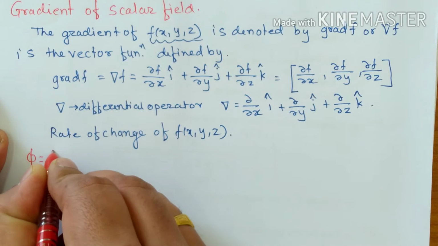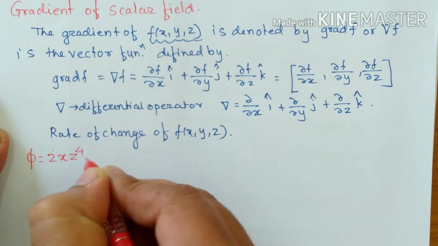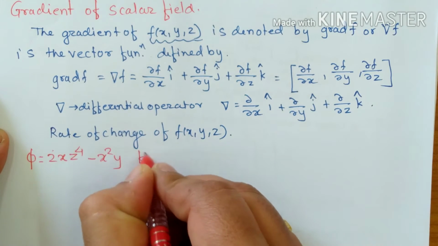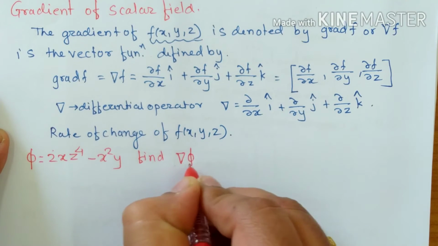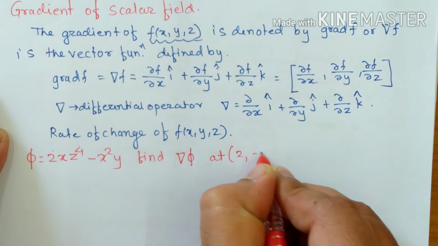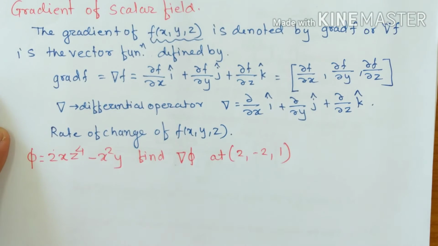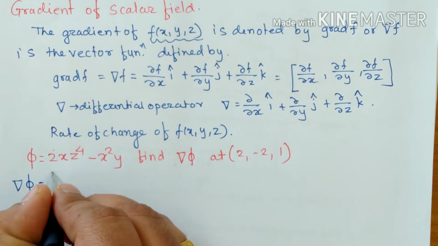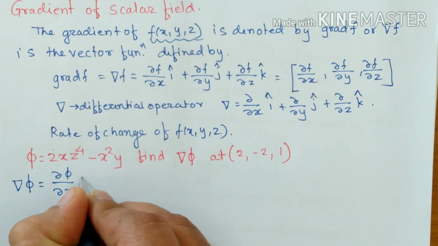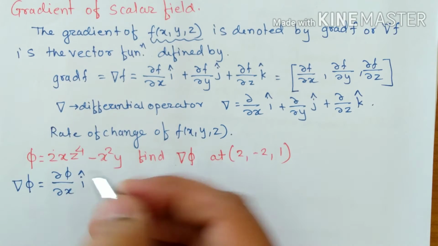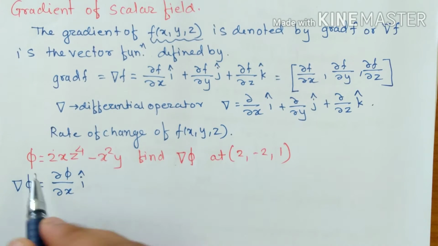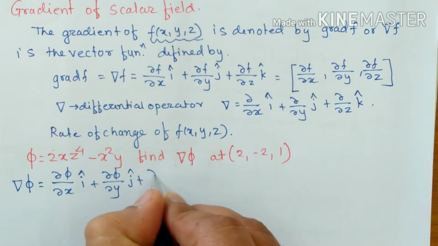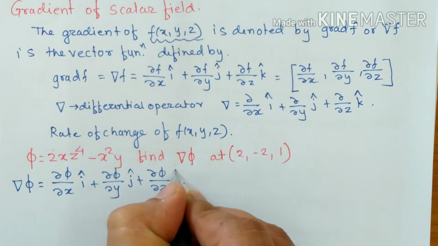Let phi be a scalar function given as 2xz^4 minus x^2 y. Find del phi, that is, the gradient of phi, at the point (2, -2, 1). What is the definition of gradient of phi or gradient of f? It is ∂phi/∂x into i cap, instead of f, I am just replacing phi because here the notation I have used is phi for the scalar field, plus ∂phi/∂y into j cap plus ∂phi/∂z into k cap.